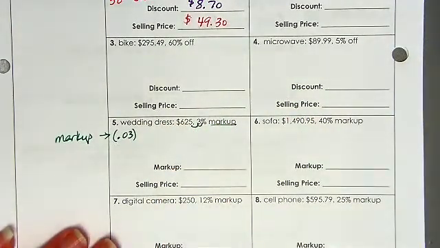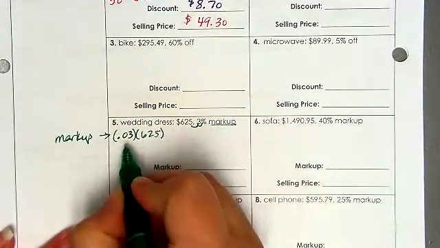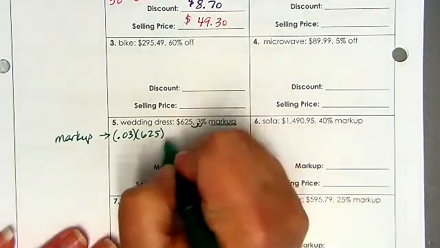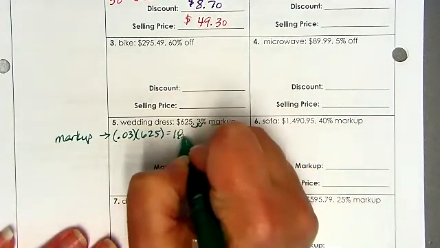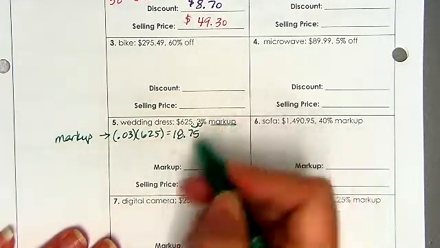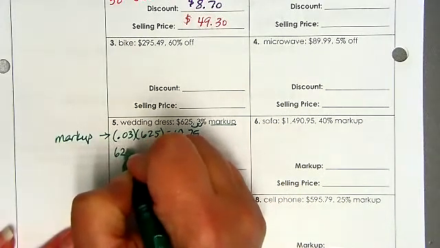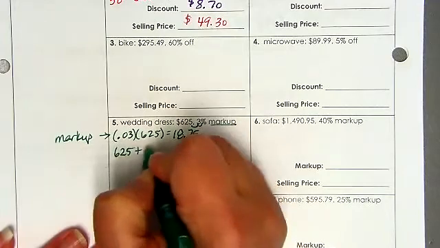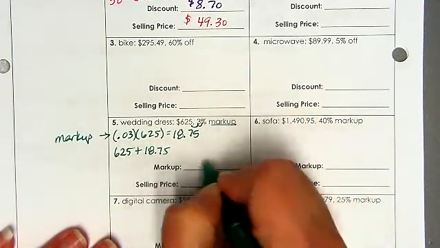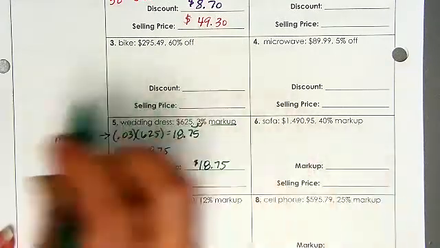So I'm doing 0.03 times 625, and that's going to give me $18.75. Now, since this is a markup, I've got to add that to the original price. So I'm going to do 625 plus 18.75. So the markup amount was the $18.75.